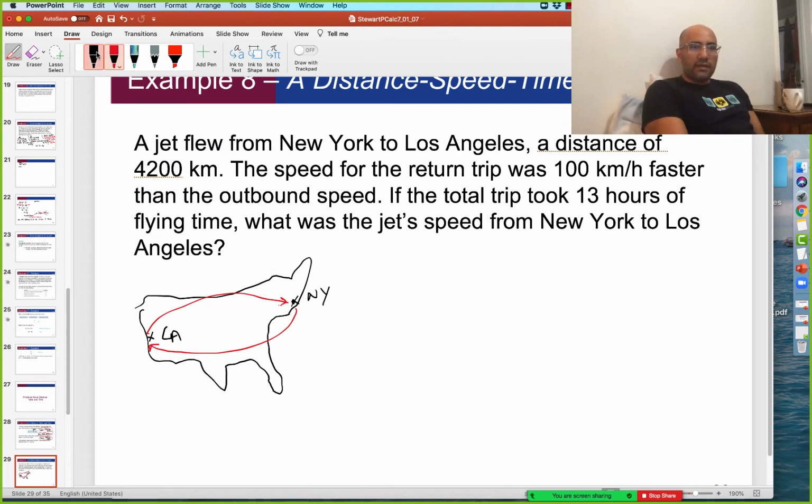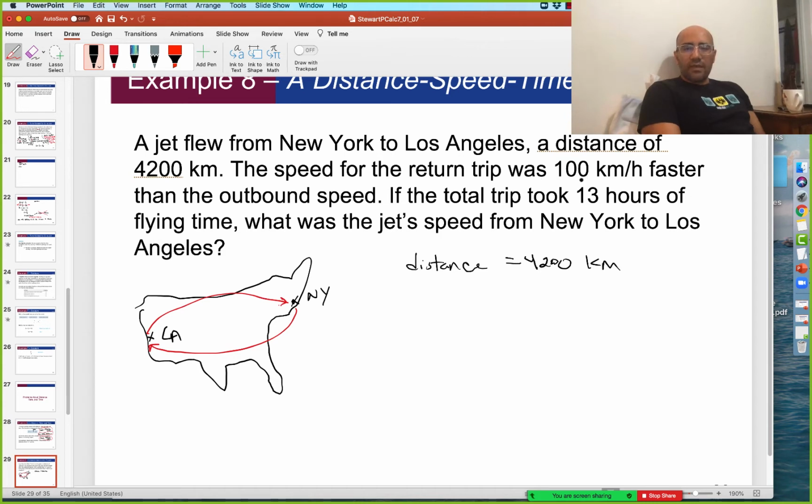So the distance in either direction, let's just write down the things we know, equals 4,200 kilometers. Be careful that the units are consistent, that they match, and they do here: 100 kilometers faster than.